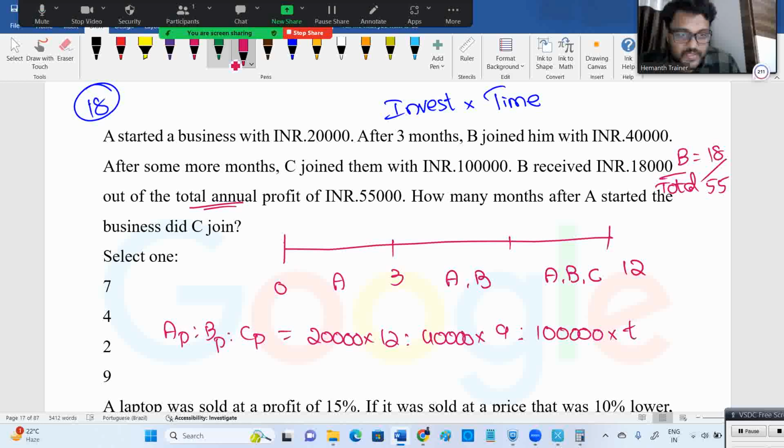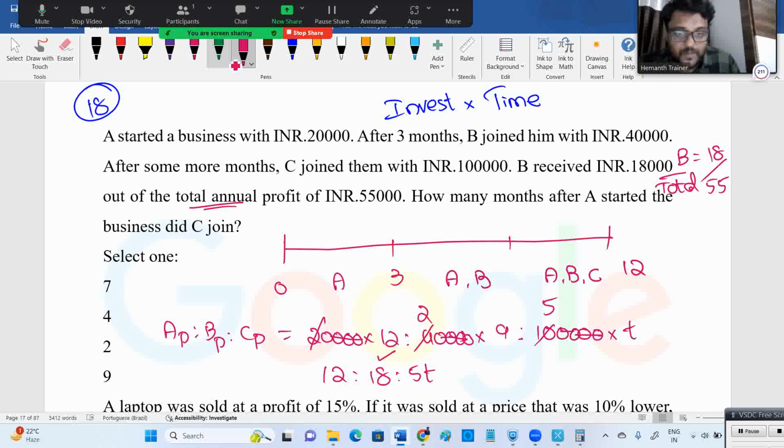If you see these 3 zeros, these 3 zeros, and 4 zeros also, we can cancel. And still 2 ones, 2 twos, 2 fives. So this is 12, 18 and 15T. As per the question, B is 18, here 18. But total should be 55.